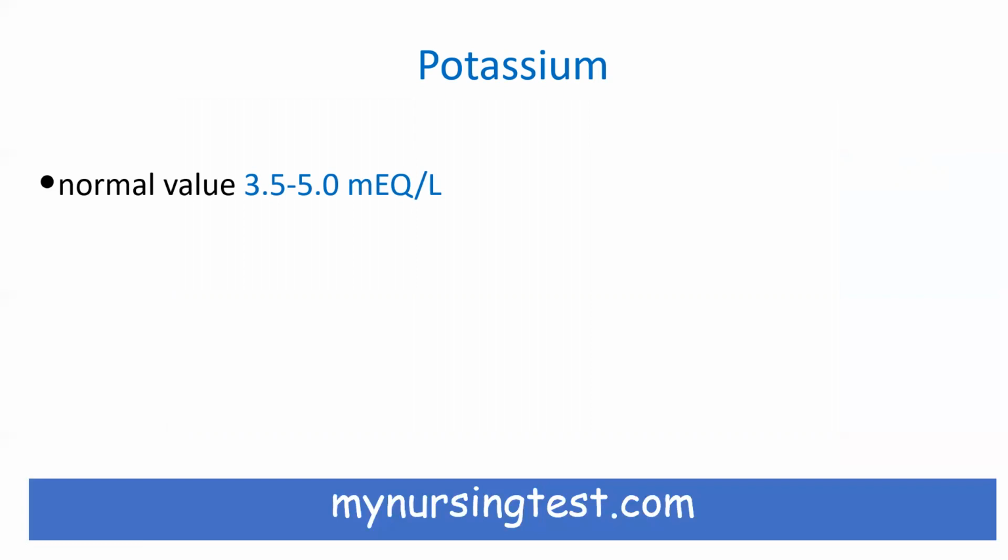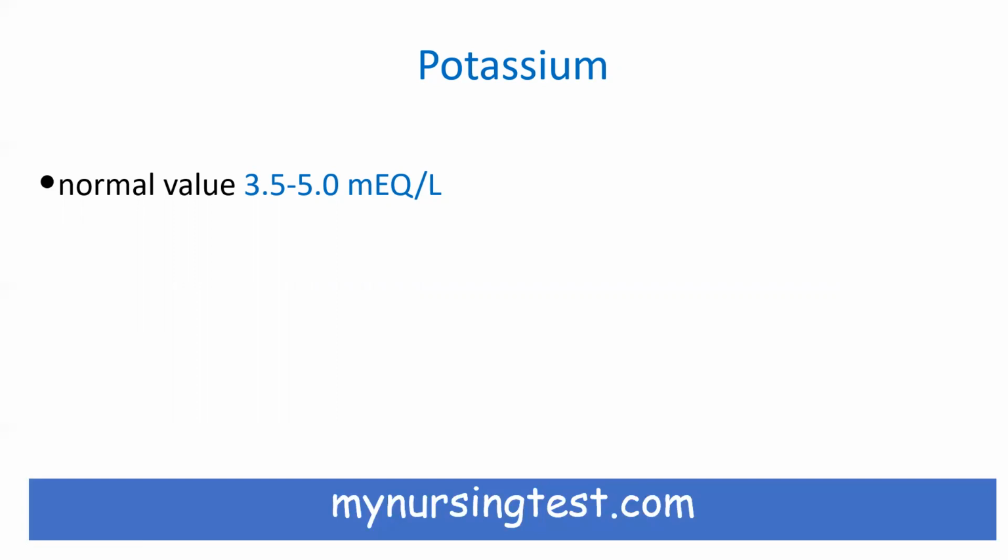And I don't want you to get too hooked up on the values. The reason is the values vary from textbook to textbook, from instructor to instructor. But what I'm going to say to you is, when you're taking a standardized exam, the value is going to be clearly out of the range.